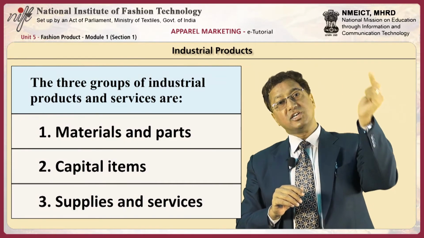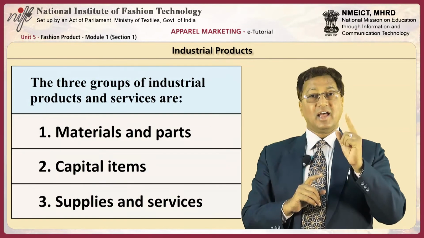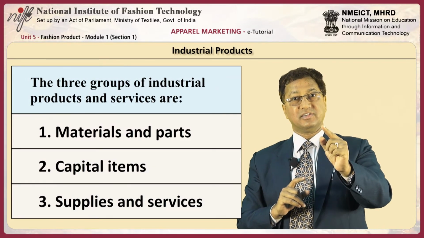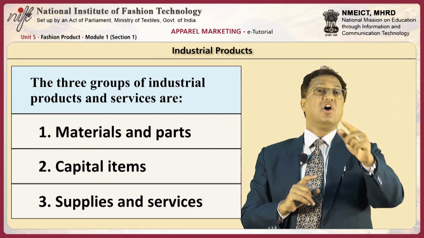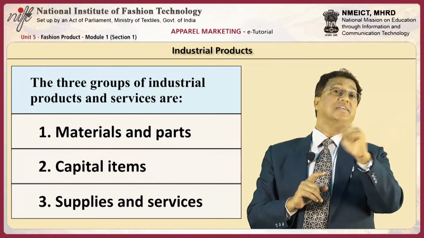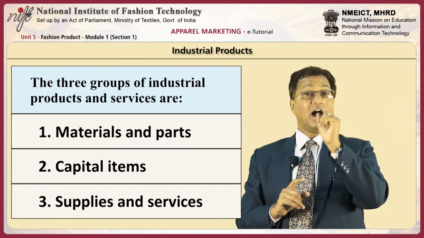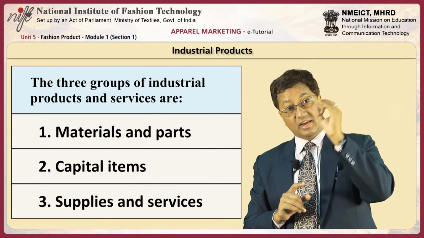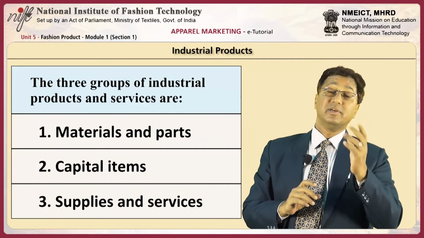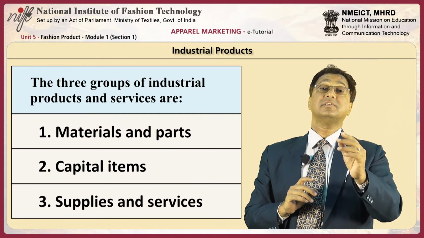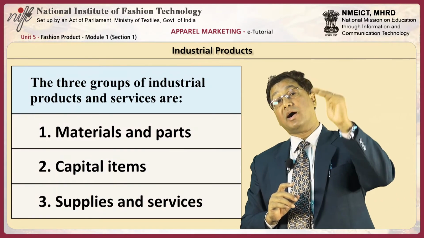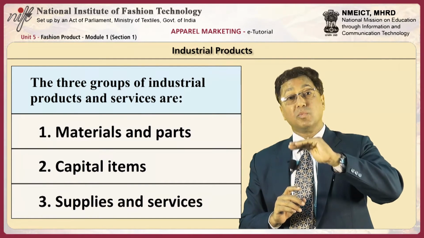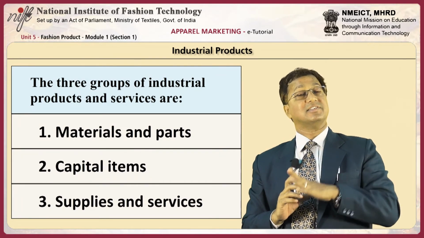The manufactured materials and parts consist of component materials such as iron, yarn, cement, wires, and component parts such as small motors, tires, and castings.